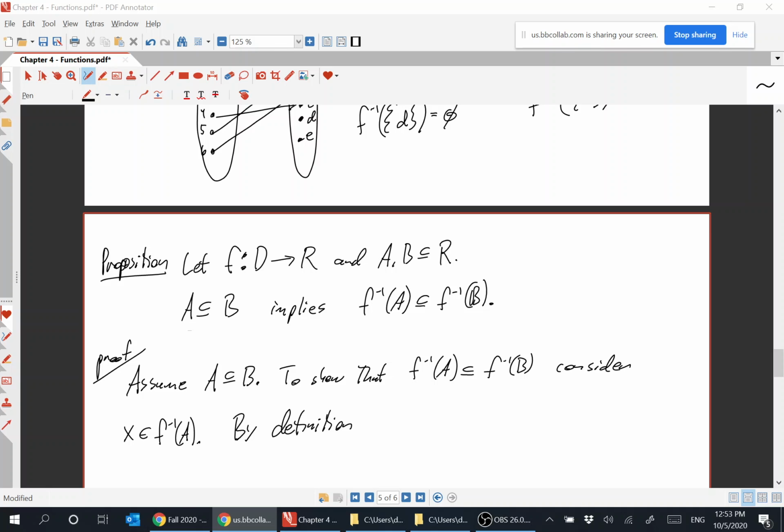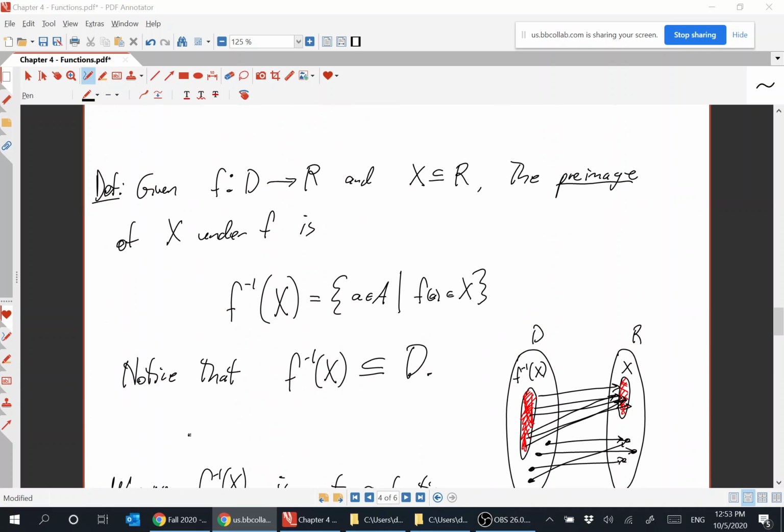By definition, x is in the preimage of A. By definition of the preimage, let's look at the definition. Right? I'm using the wrong letters. I switched letters again. That's fine.